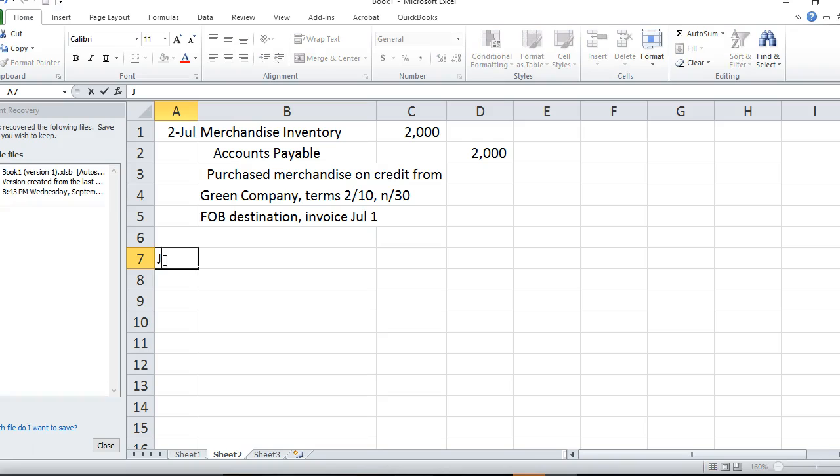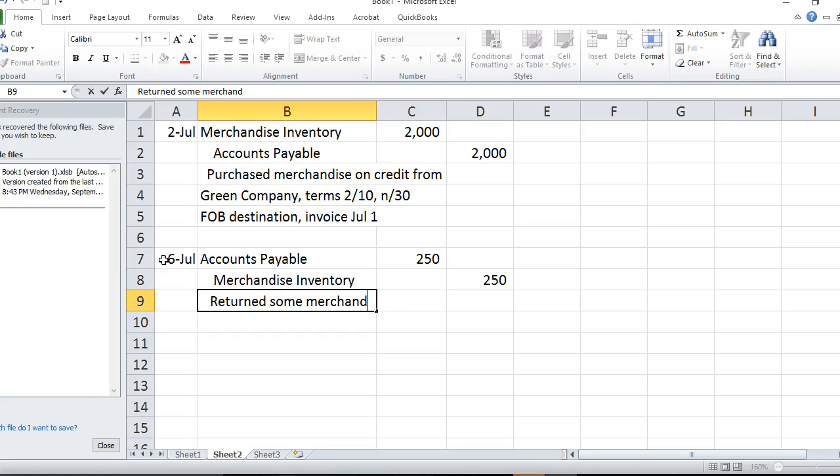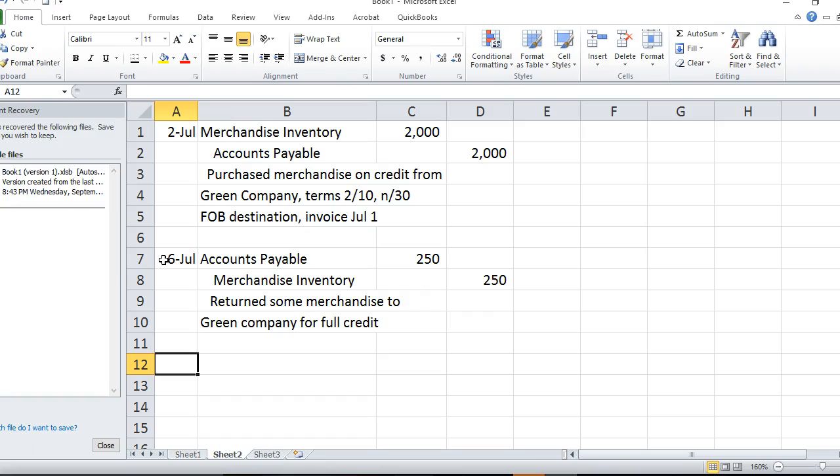So on July 6th, we're going to debit accounts payable for $250, and we're going to credit merchandise inventory for $250. And our explanation, returned some merchandise to Green Company for full credit. That's easy, isn't it?